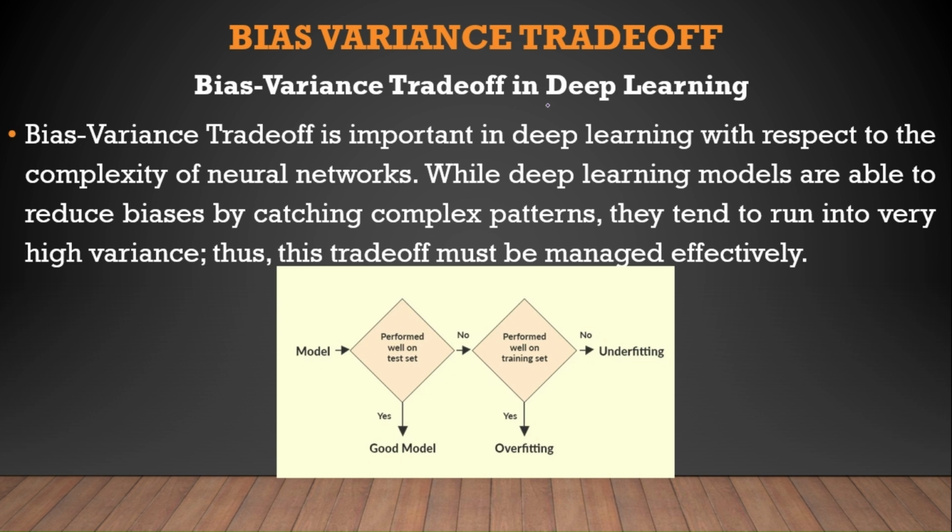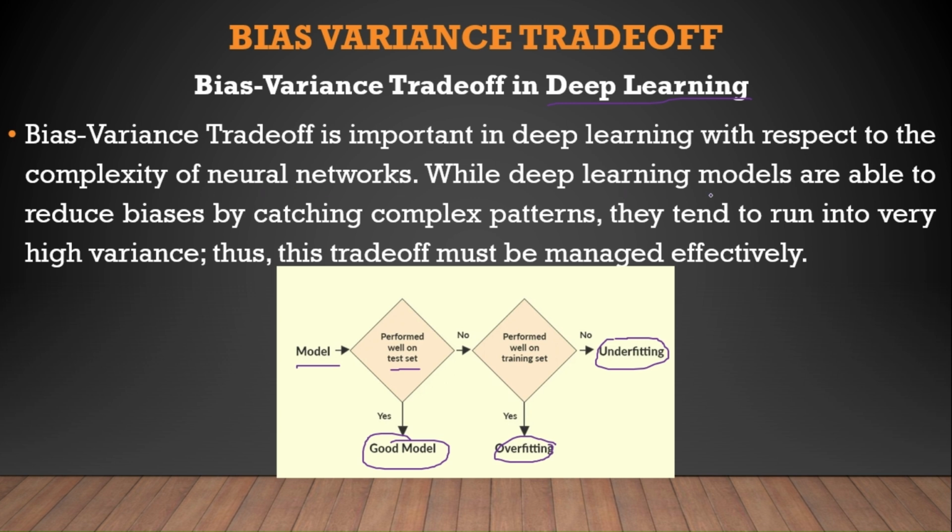When we go for deep learning, the question is whether my model performs well on the test data. If yes, then it is a good model; if no, it is not. Does it perform well on the training dataset? If yes, it is overfitting, and if no, it comes under underfitting. Bias-variance is important in deep learning with respect to the complexity of neural networks.